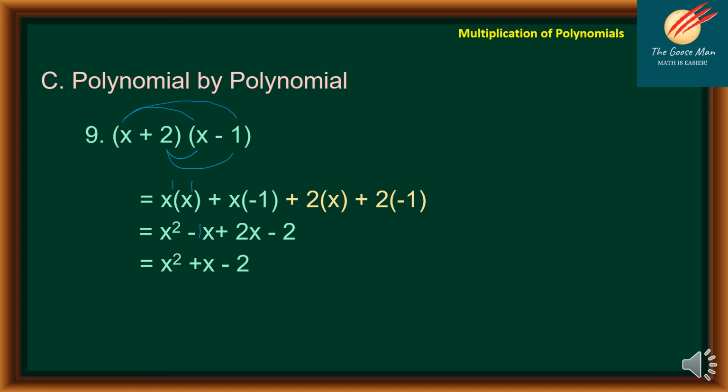Remember that if we add unlike signs, we subtract and copy the sign of the greater absolute value. However, we don't need to write 1 here. If we don't have a number here, it means it is 1. So therefore, the final answer is x squared plus x minus 2.